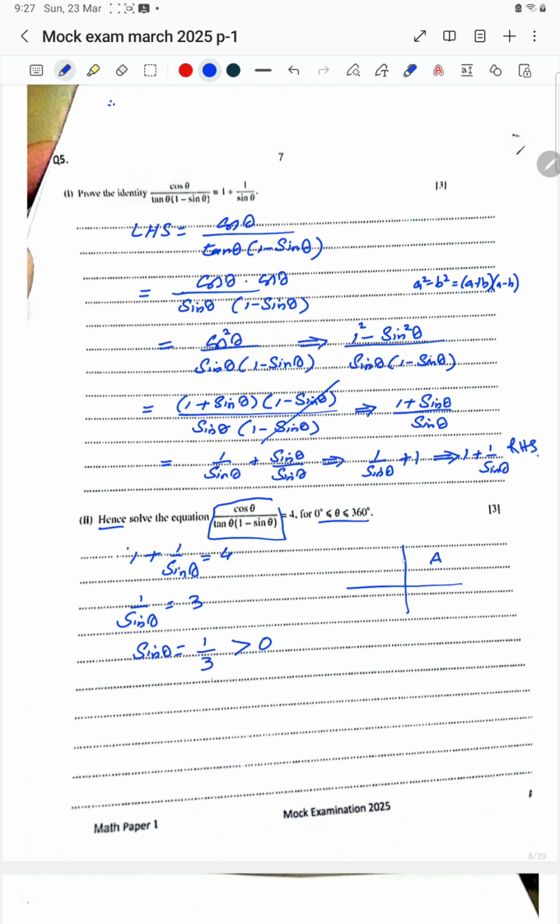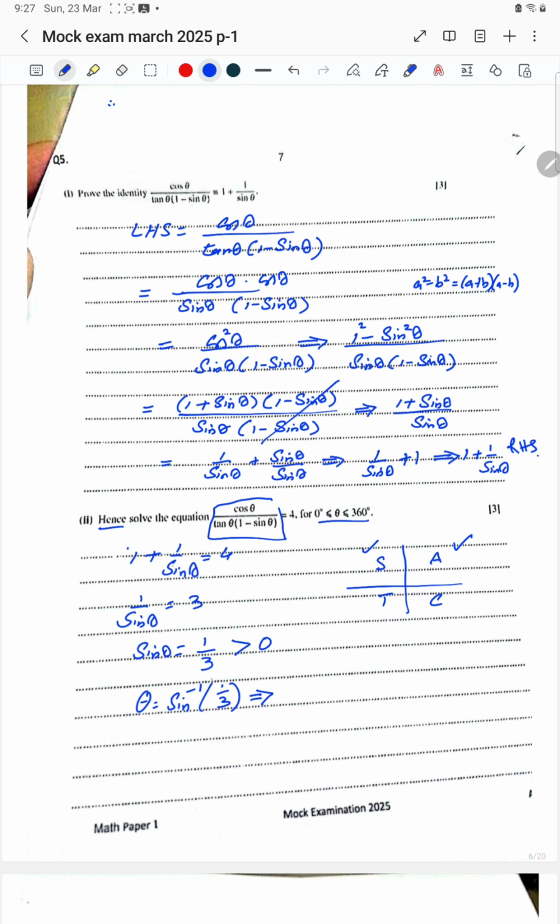Using the ASTC rule, add sugar to coffee, so sin is positive here or here. So theta will be sin inverse of 1 by 3. Once you take the sin inverse of 1 by 3 in the calculator, you will get one of the results.